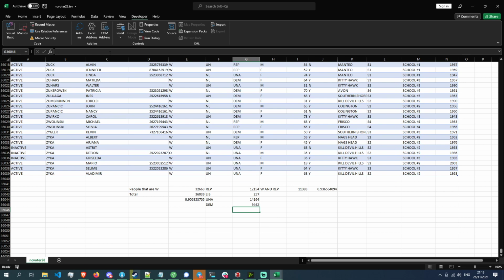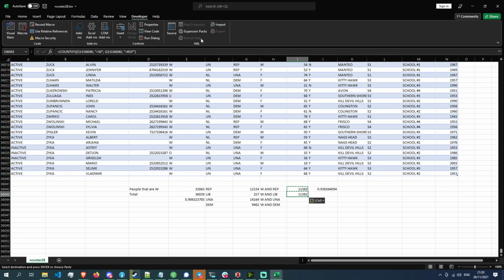Okay. So, what can we see here? Anyone have any idea? Well, I mean, you can definitely see which parties are the majority and who actually is most out of the population.